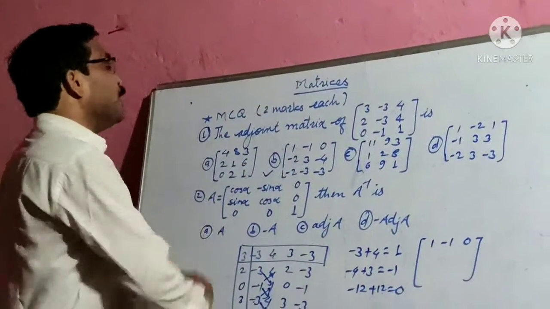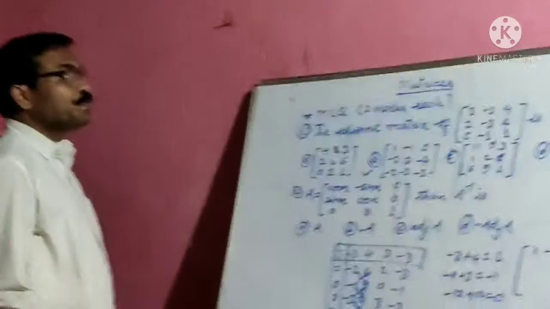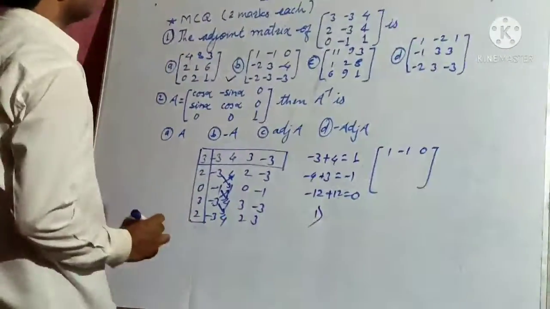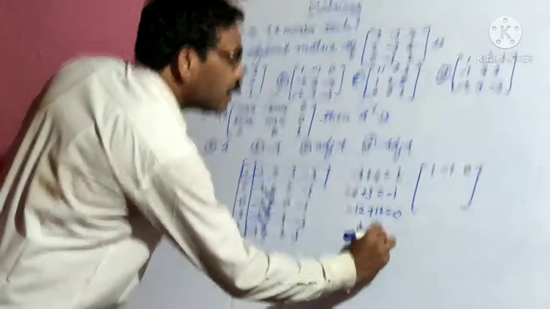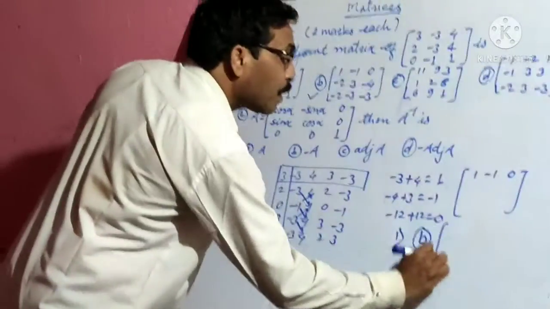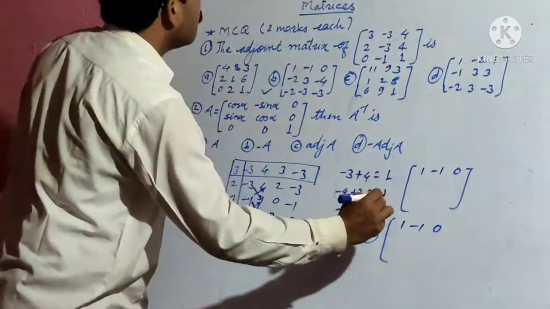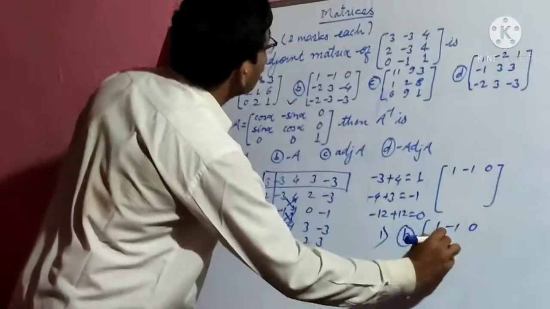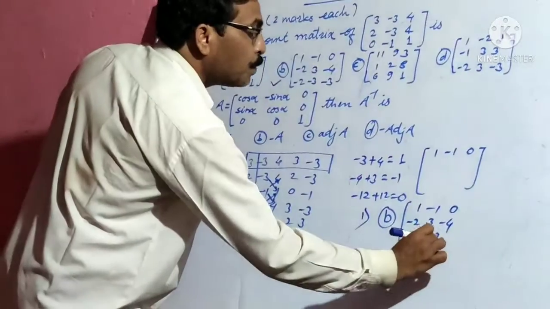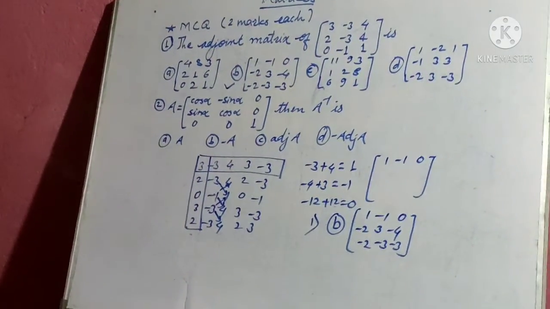So its answer is B. We write the answer like this: B, 1 -1 0, -2 3 -4, -2 -3 -3. So this will be the answer of our first question.